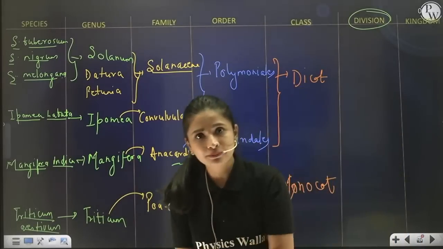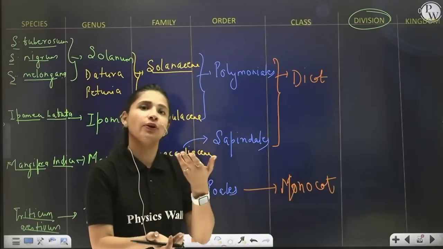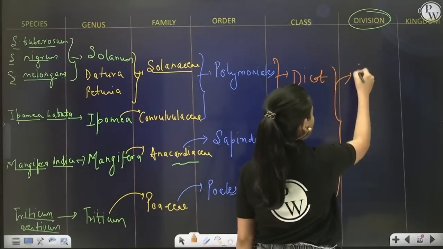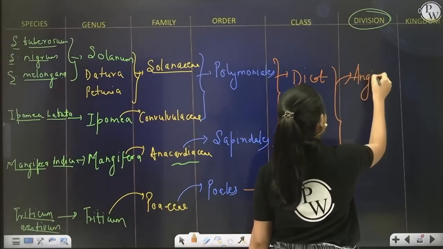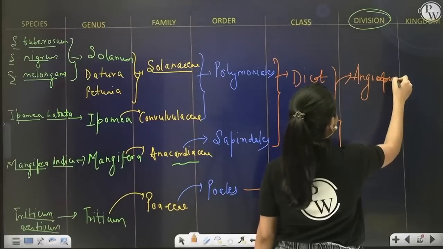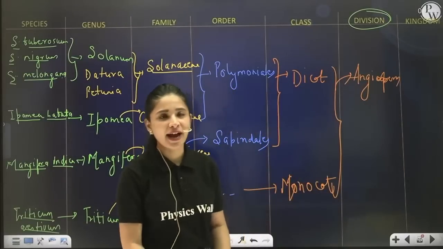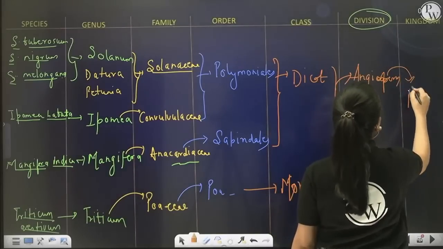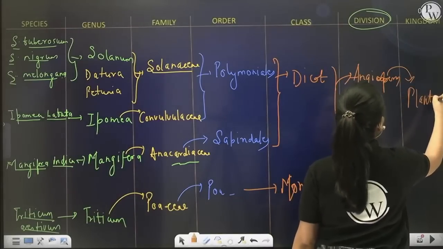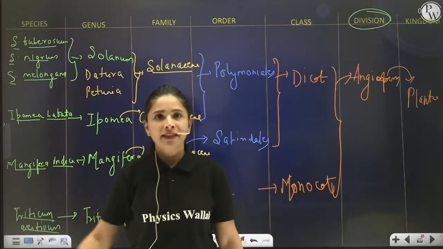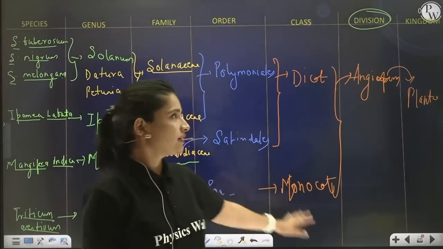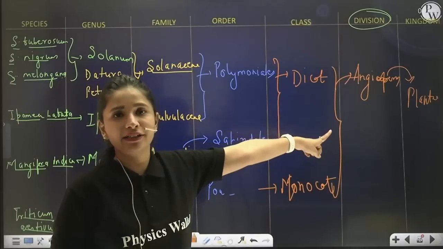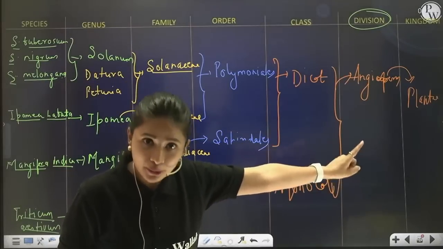Ultimately, be it monocot or dicot, they all are flowering plants, so they belong to the common division, that is angiosperms. And angiosperms, gymnosperms, bryophytes, pteridophytes are different divisions, but they belong to the same kingdom, that is Plantae. Yes or no? Can you see, we started from so many different species, ultimately we ended in the same kingdom, Plantae, right?